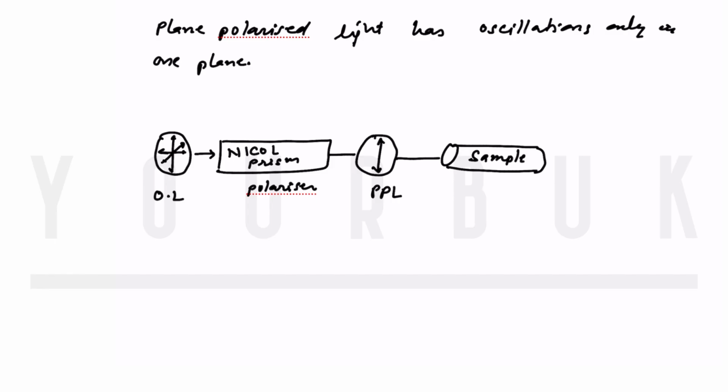Now two options are there. Either the light will pass through the sample without any deflection, meaning we are getting the light as it is. So no deflection, and we use the term that the sample is optically inactive.